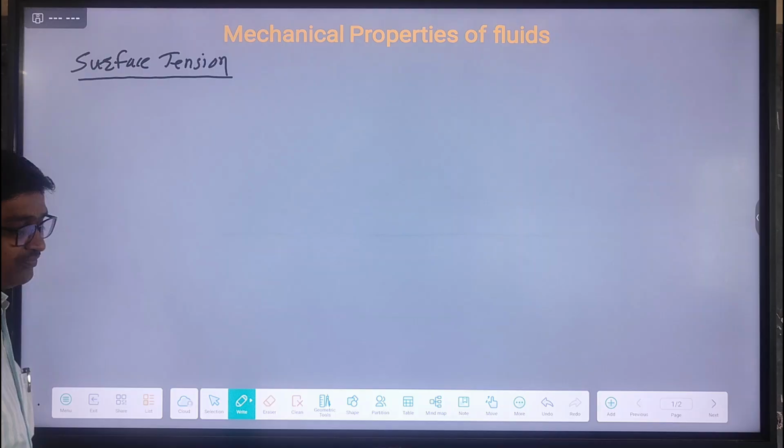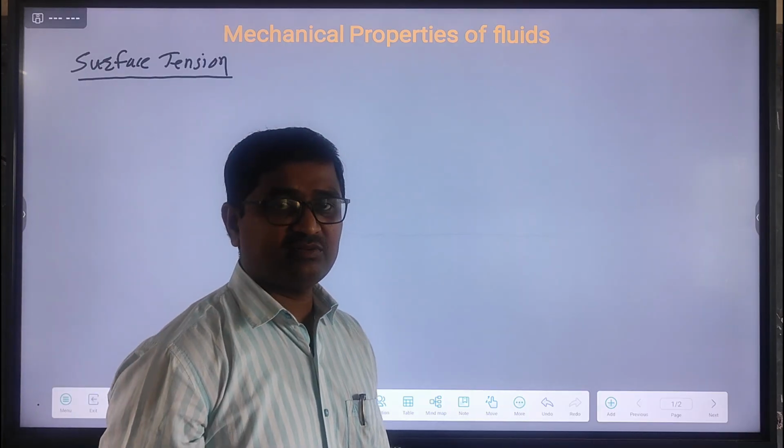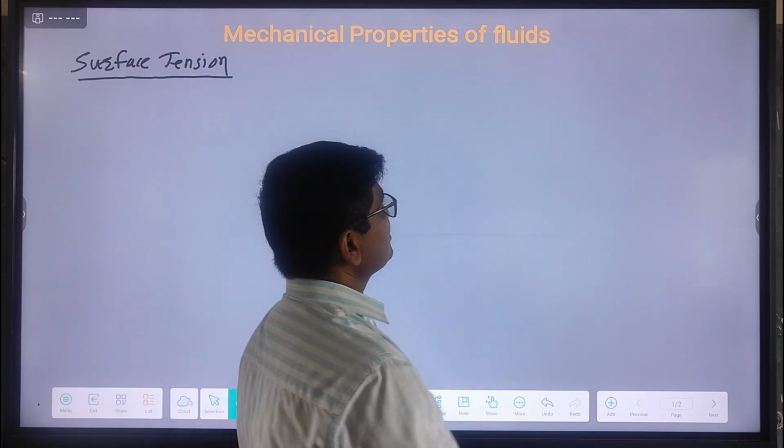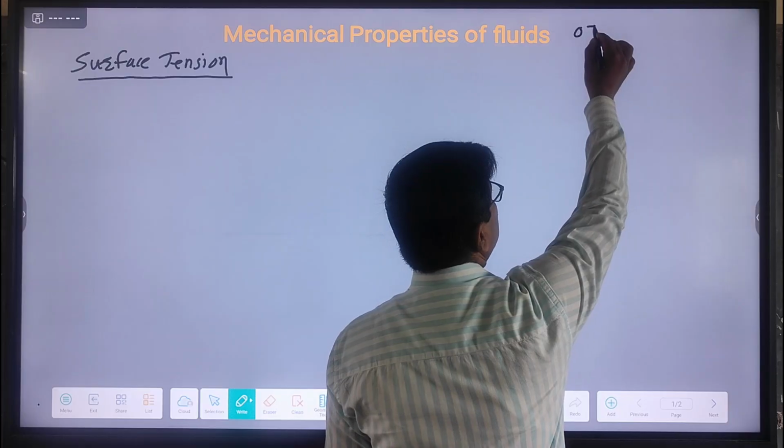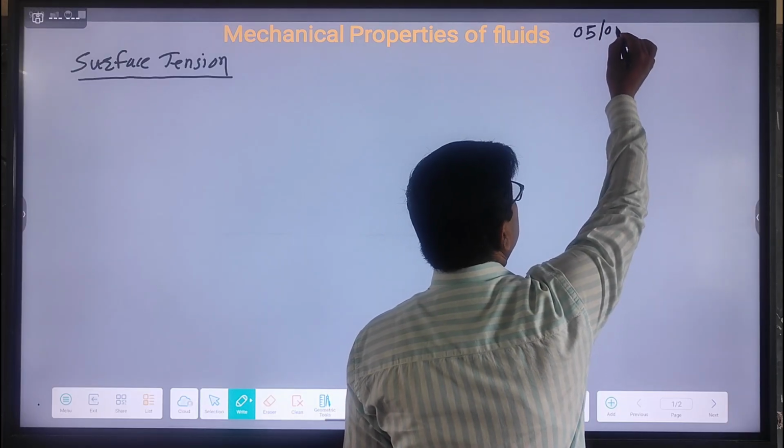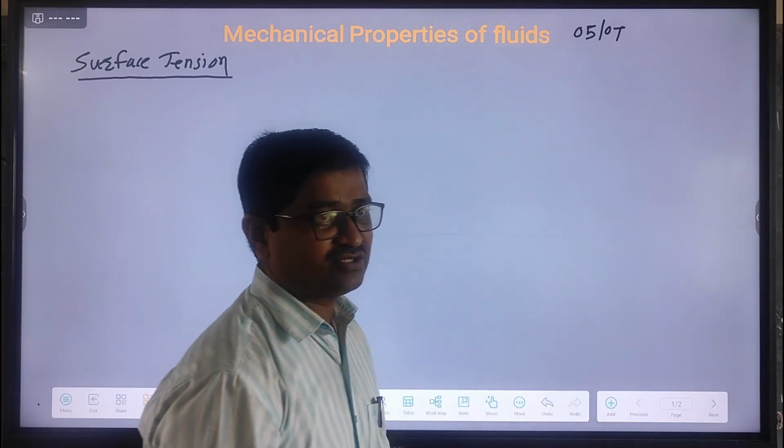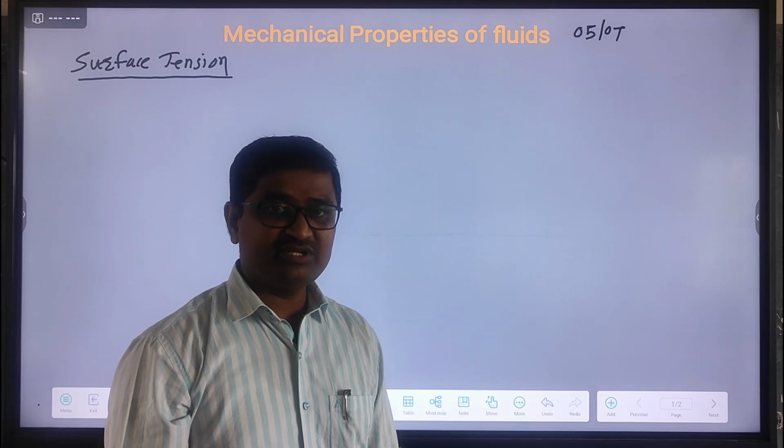It is very important because for our board examination, this chapter has a maximum of 5 marks, and with option 7 marks. This is the weightage according to the board examination.